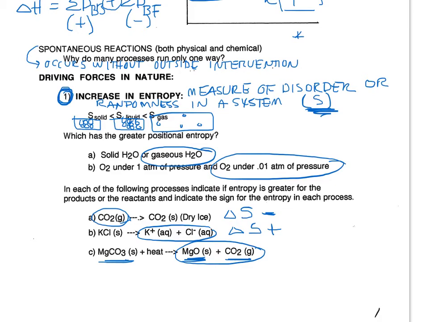The other reason is, if you look at the moles of particles, you have 1 mole of substance in the reactants and 2 moles of products being formed. Because you have more moles of substances, you have more particles formed, so you would have more freedom of movement or more randomness. So delta S, in this case, is also going to be positive. So you can look at the state of the substance, and you also may need to look at the number of particles that are formed.